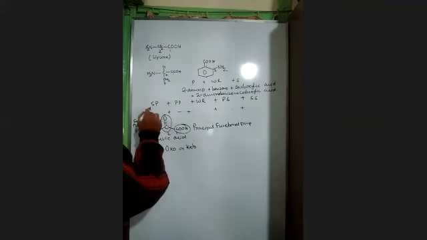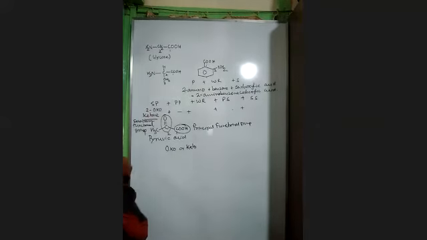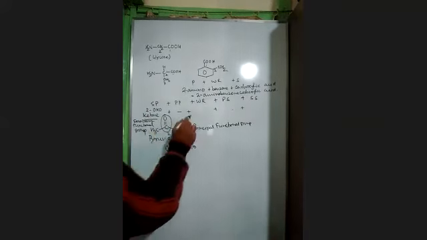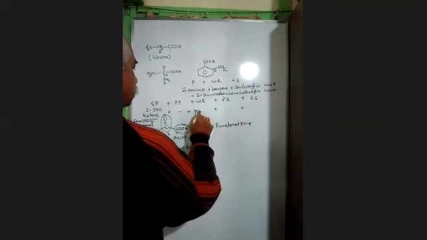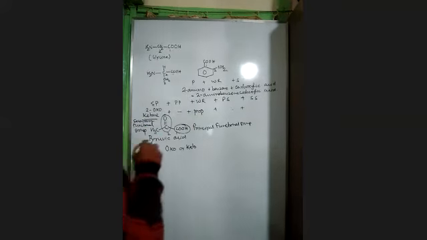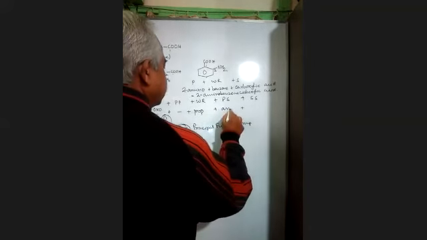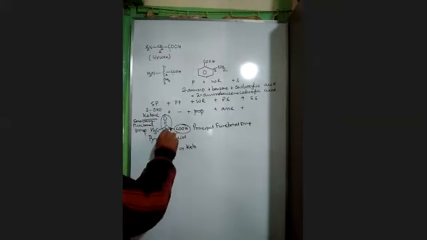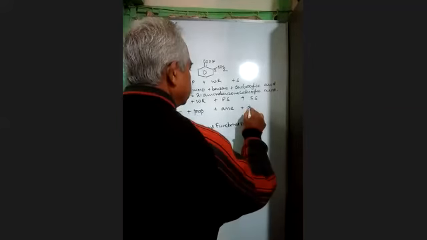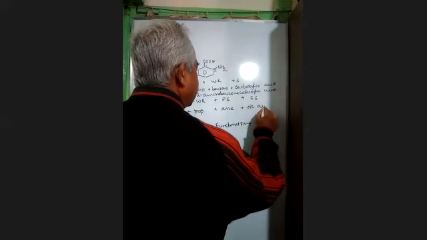So what will be the name here now? You can write 2 oxo, 1 2 3, prop, primary suffix ane, then oic acid.